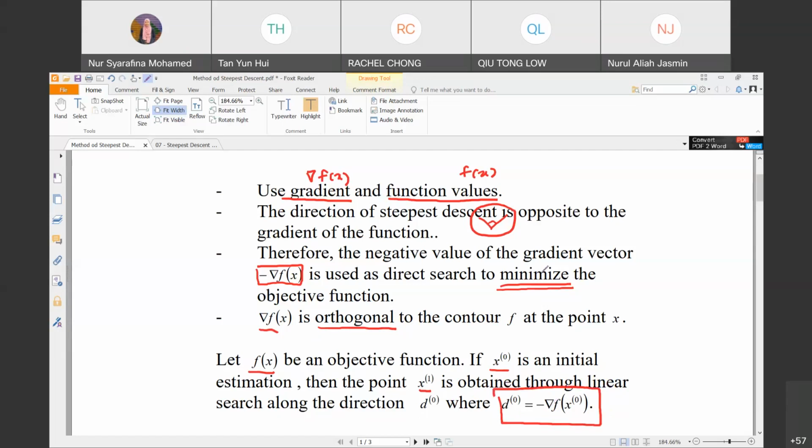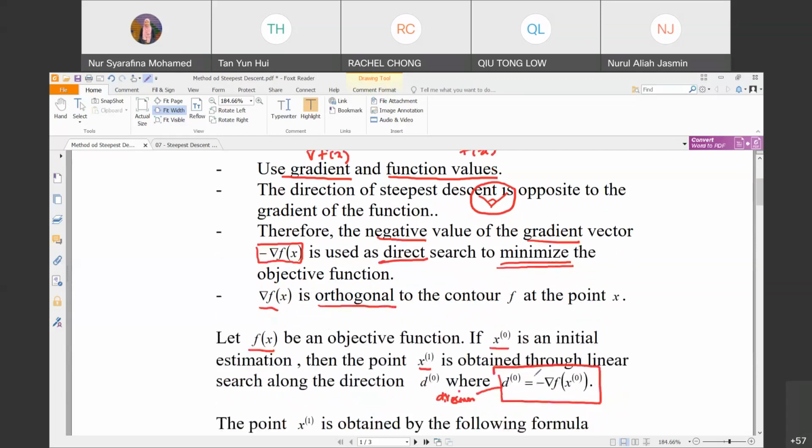Because the direction is the gradient. So d is actually the direction, but for this case the direction is the negative gradient, negative del f(x). For that iteration we start at x0, then negative del f(x0). In the next iteration, it moves to negative del f(x1), negative del f(x2), and so on.